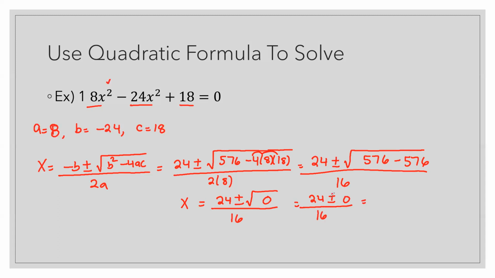So 24 plus or minus 0 is just 24, and then 16. That can be reduced by 4.